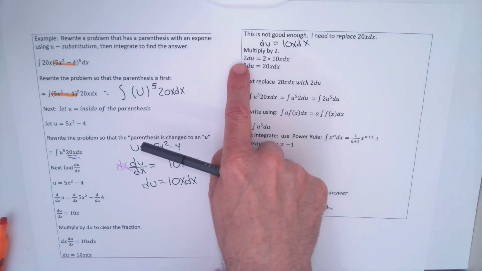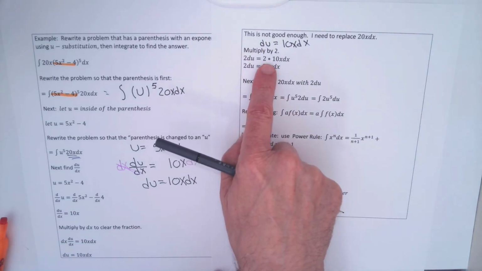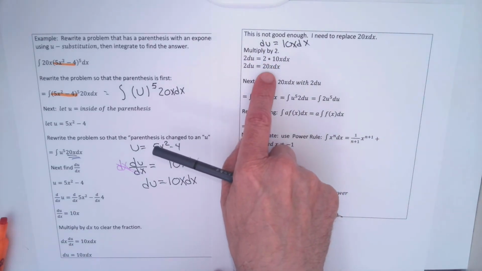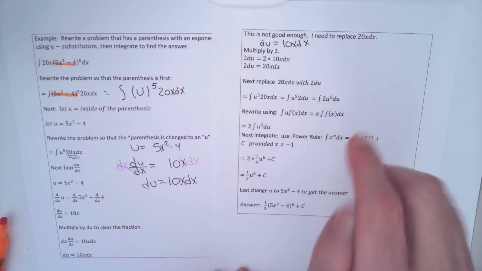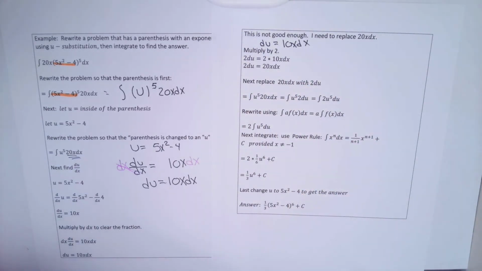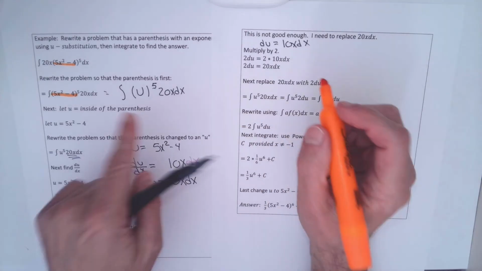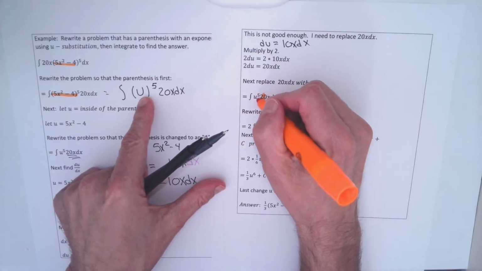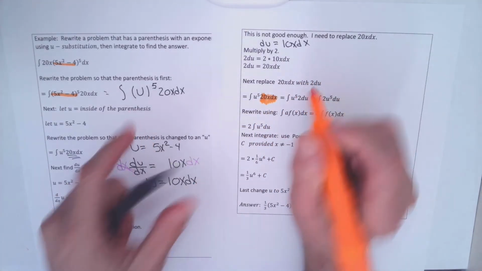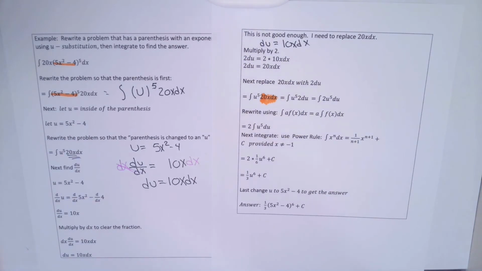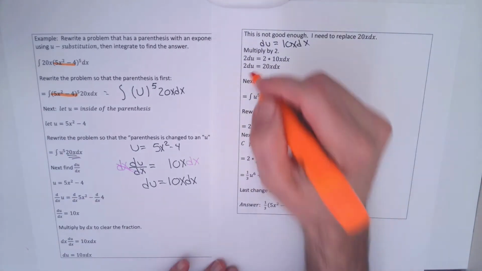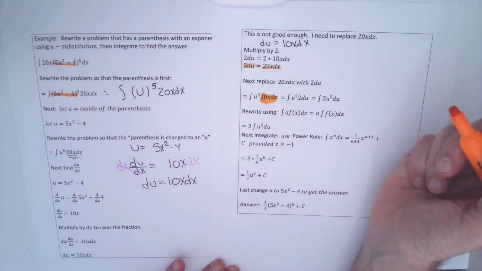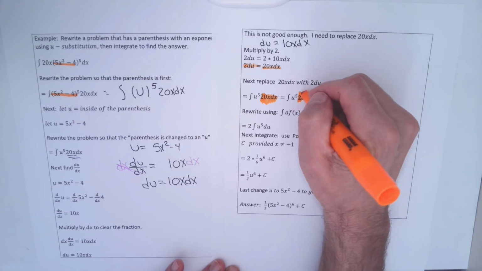So I'll multiply the du by 2 and the 10x dx by 2, and I get 2 du equals 20x dx. So what does that allow me to do? That allows me to take the rewrite that I did, and that 20x dx, I change it to 2 du, because 20x dx is equal to 2 du.